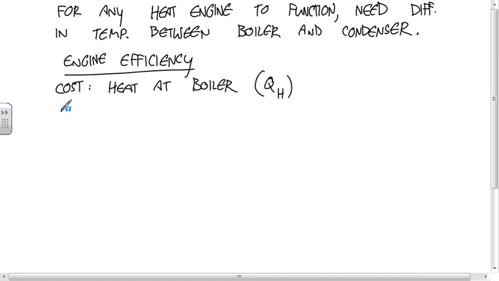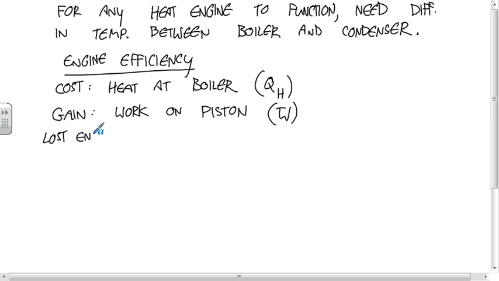And the gain, what you're trying to get out of this heat engine, what's that? Right, so you're trying to get work on the piston. And I'm going to call that W. And let's say lost energy that's of no benefit.